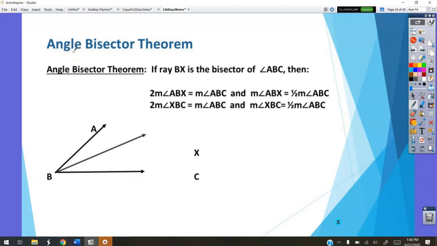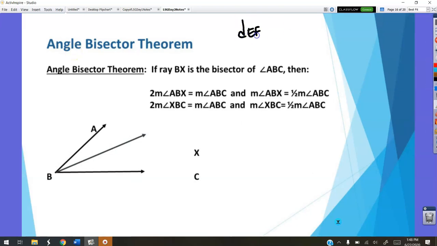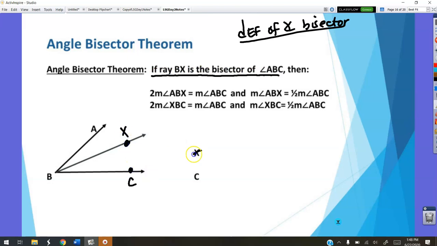Same thing goes for an angle bisector. The definition of an angle bisector is this part. It starts off the same. It starts off if ray BX, I don't know why these all got moved. Sorry, guys. There we go. So the definition says if ray BX bisects angle ABC, that's the beginning.